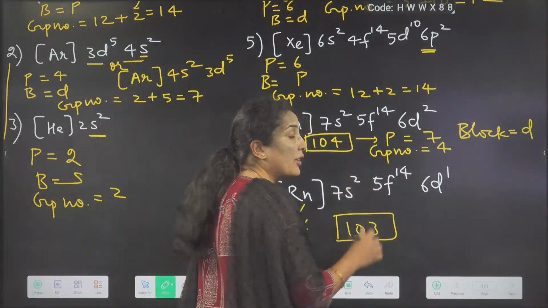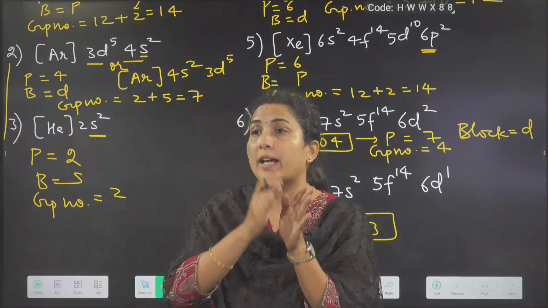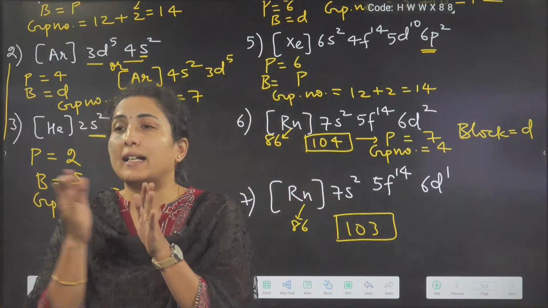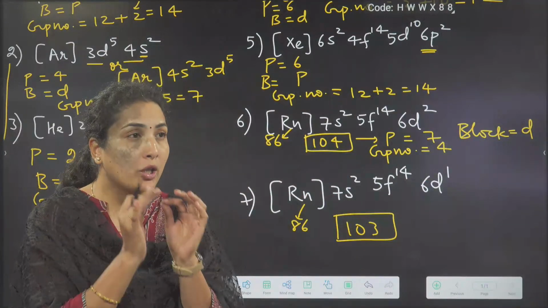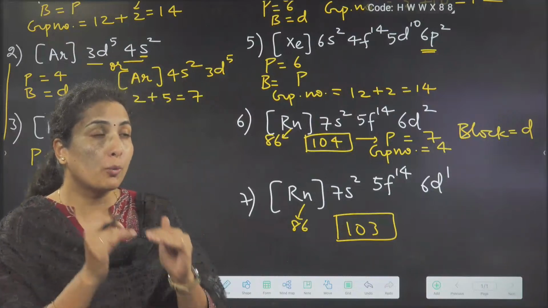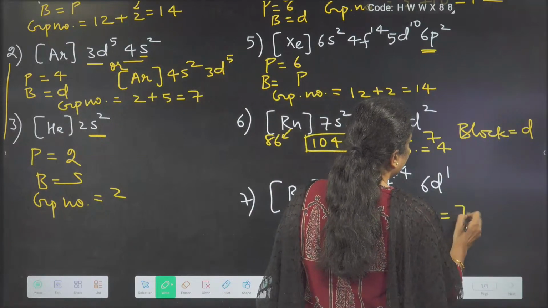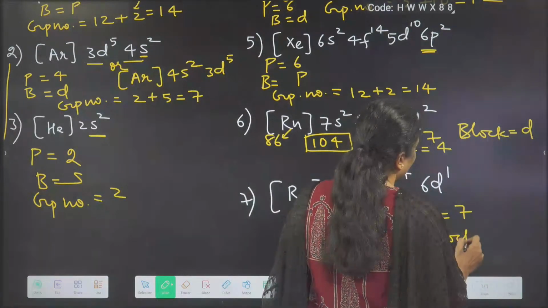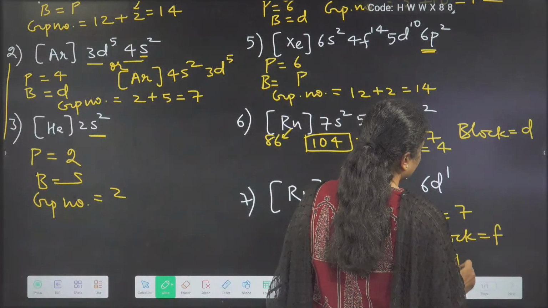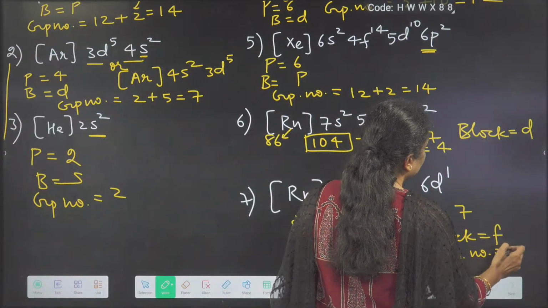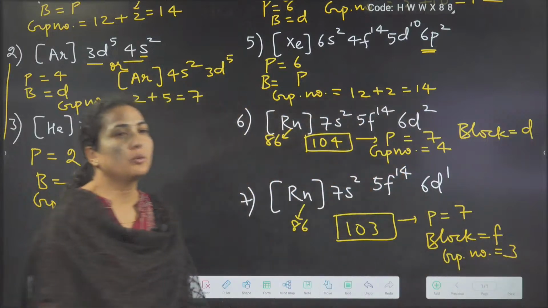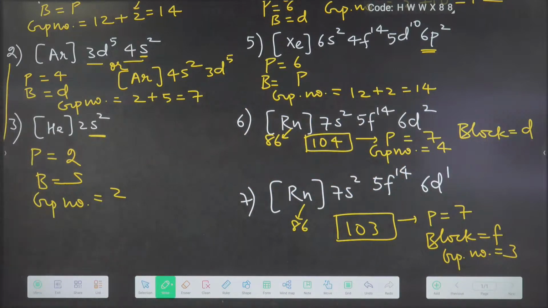And you know that 103 falls in the range of 90 to 103. And 90 to 103 belongs to the 7th period, F block, group number 3, right? So here the period is 7th, the block is F, and the group number is 3. So be careful with F and D. Able to understand, everyone?